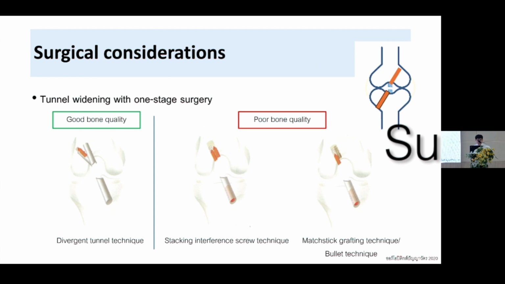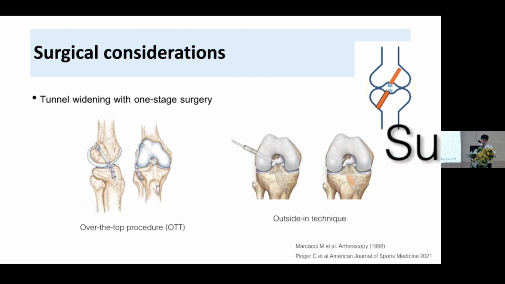But if the bone quality is poor, stacking screw and mastic technique is an option. Moreover, we also can use the over-the-top technique and outside-in technique to bypass the tunnel widening in a 1 stage.